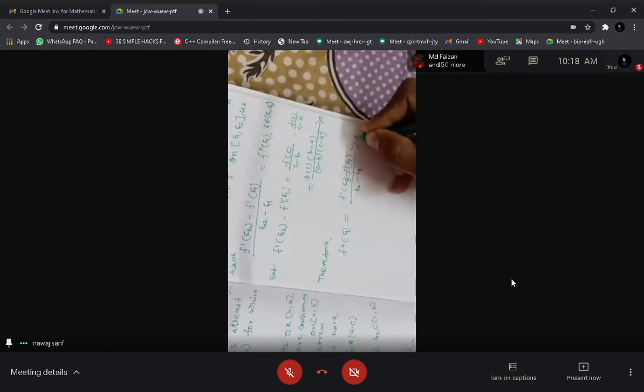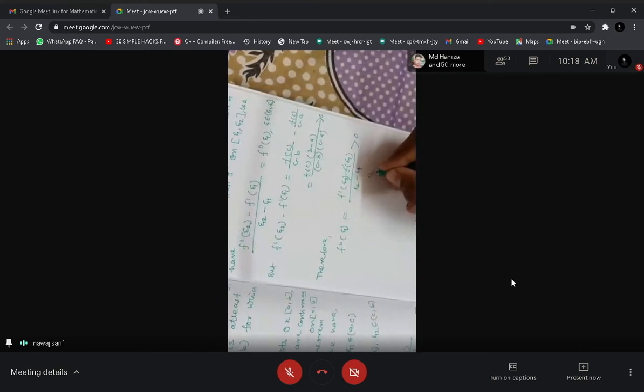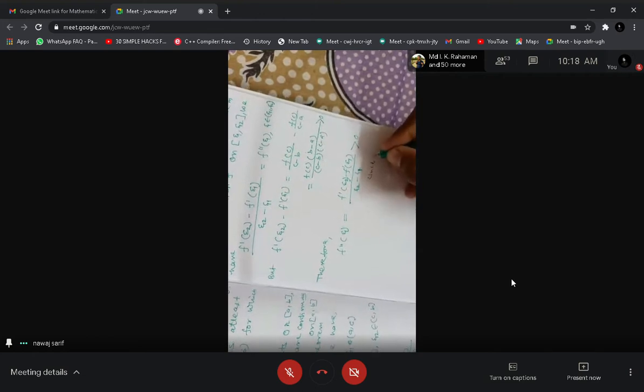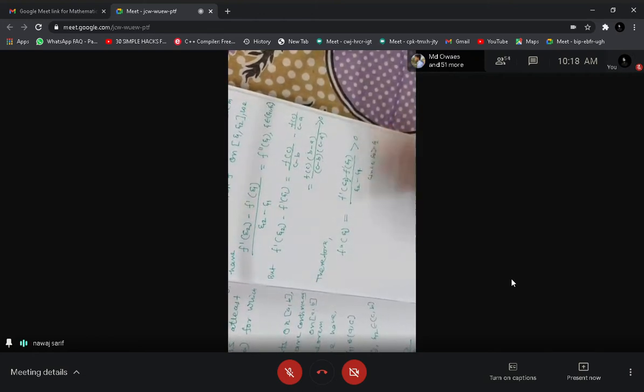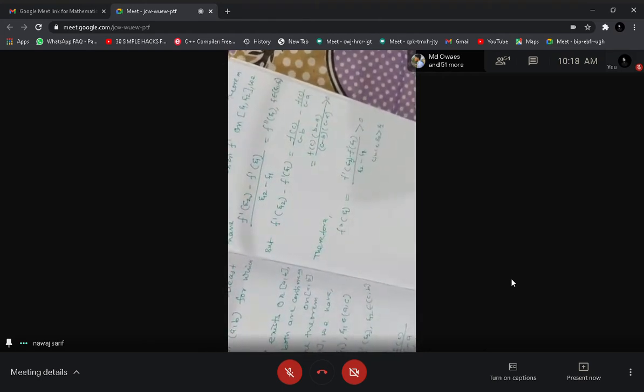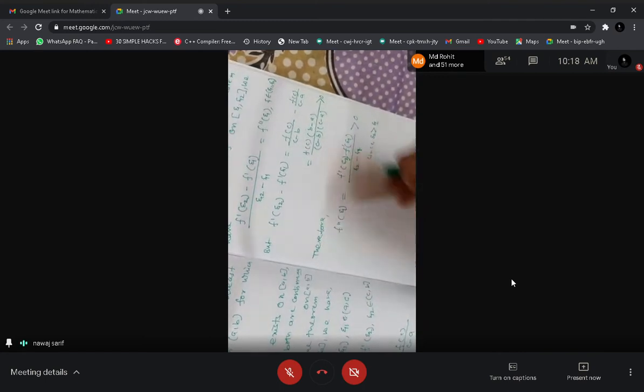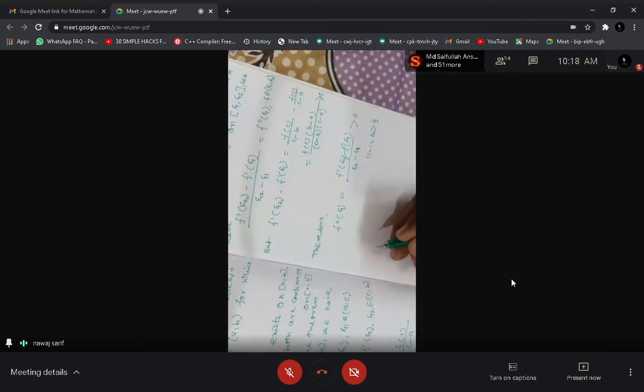This one is greater than 0, since xi2 is greater than xi1. So xi1, xi2 belongs to also in the interval ab.